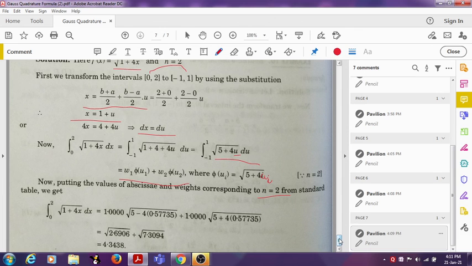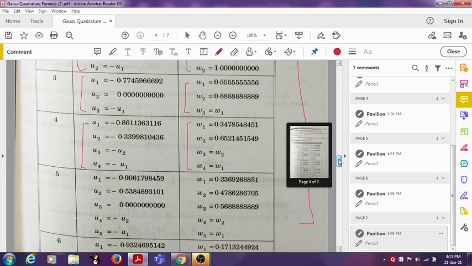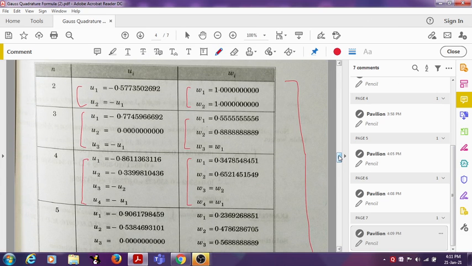And it is very easy to remember the values corresponding to n equal to 2. If we are not given any such restriction that you are to use a particular n, then simply use the values corresponding to n equal to 2.